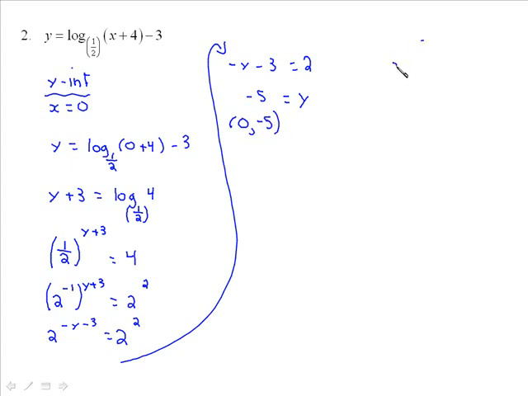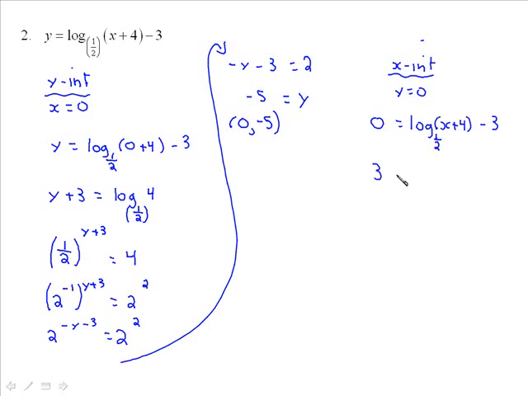So this one was a little more challenging. Now the x-intercept, we as always set the y variable equal to 0 and then solve. So 0 is equal to the log of x plus 4 to the base 1/2 minus 3.